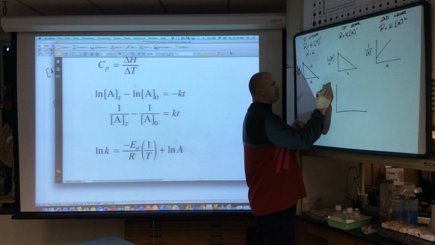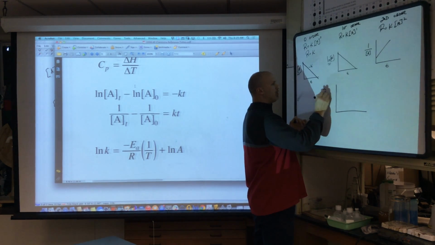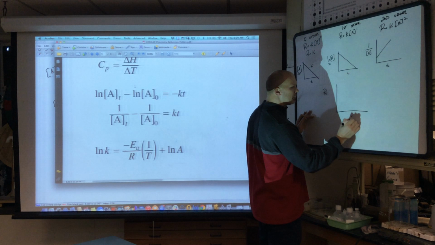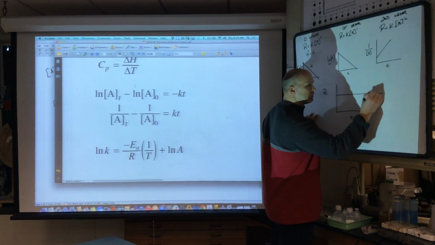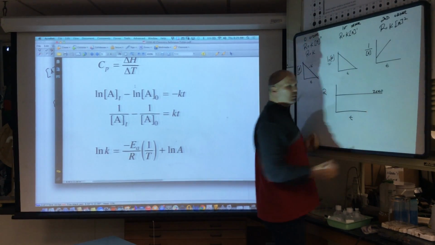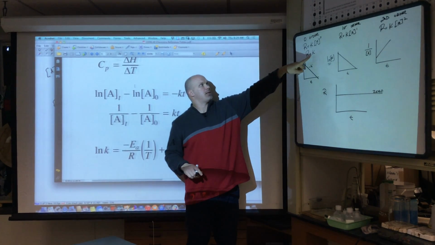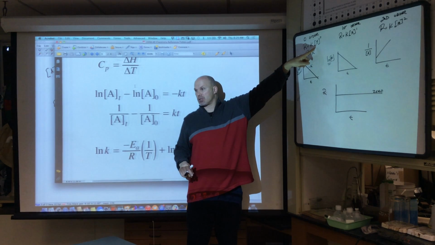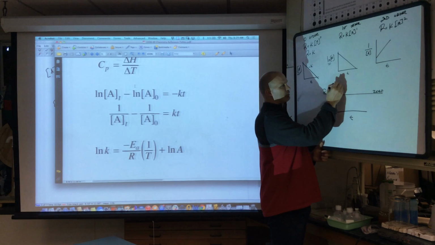If we do the rate of reaction over time, if it's zero order, why is it flat? Because it's independent of what? The concentration.